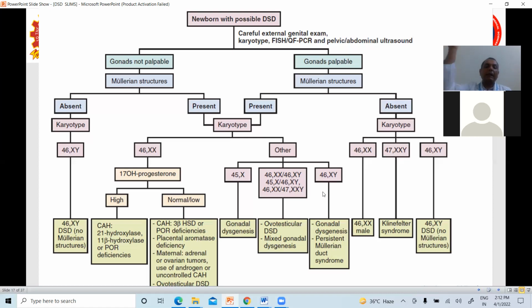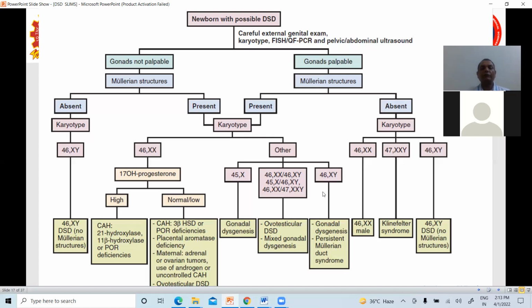Second thing, about maternal androgens, I was talking. Maternal androgen can come from any ovarian tumor or any other source which secretes androgen. But if placental aromatase is there, this androgen while crossing the placenta will be deactivated by the placental aromatase enzyme. But if this enzyme is absent in the placenta, what will happen?